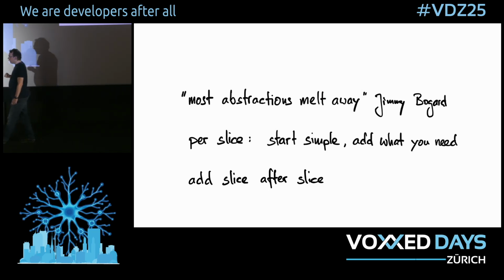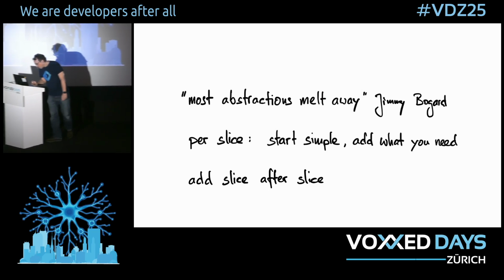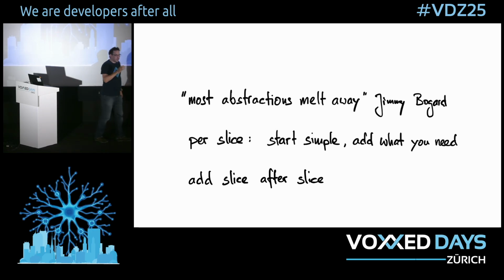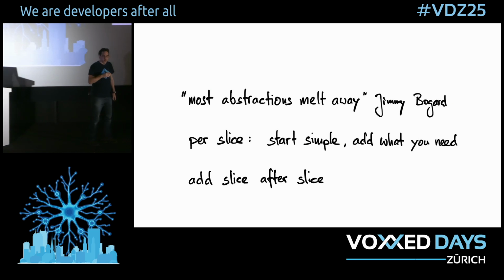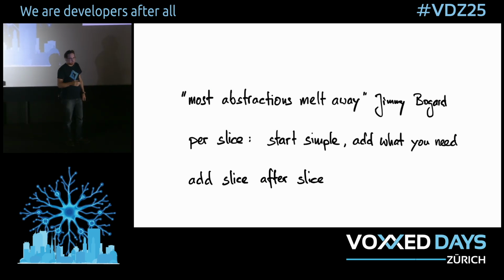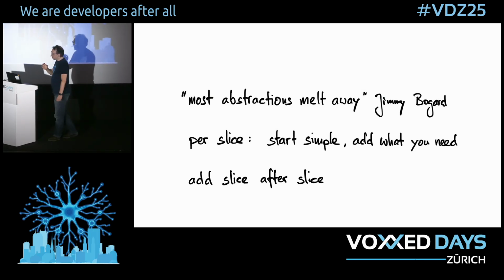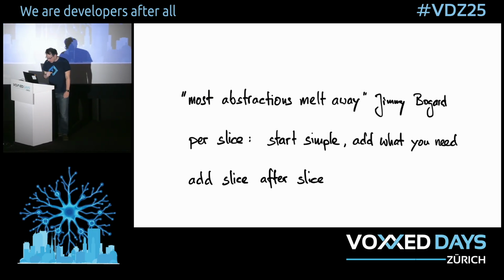And when you do that, as Jimmy Bogard observed, most abstractions melt away. So the thousands of interfaces that only have one implementation and the many classes and methods that we typically have in clean architecture, they just vanish because you do the simplest thing per slice.